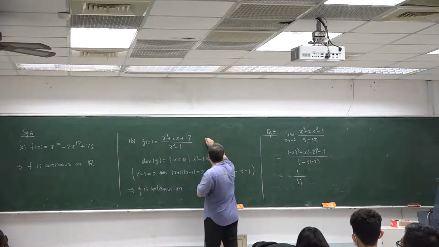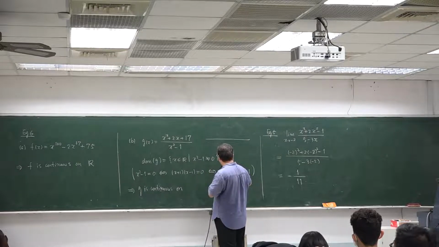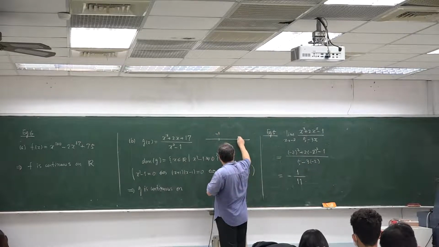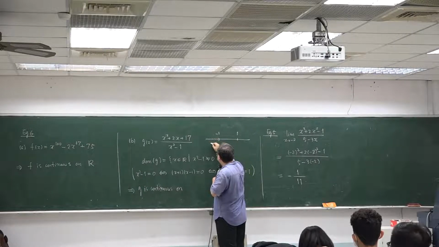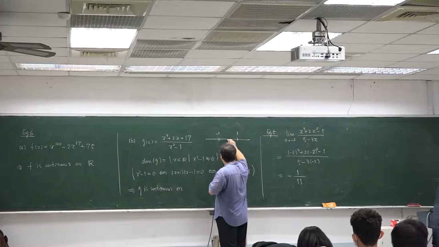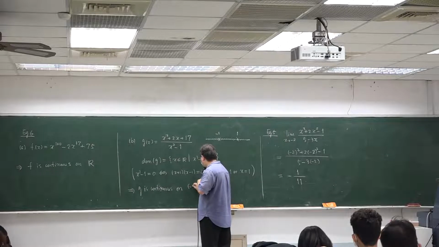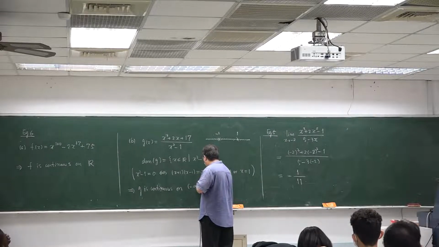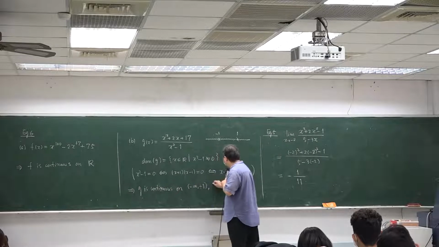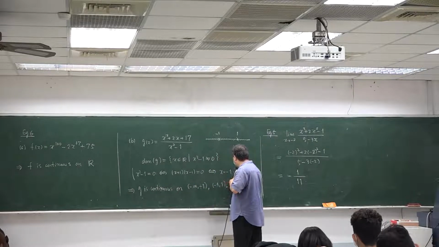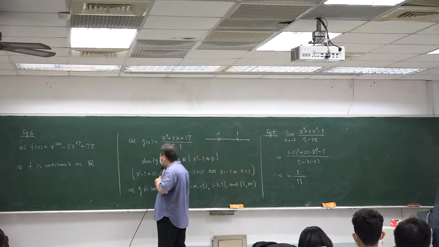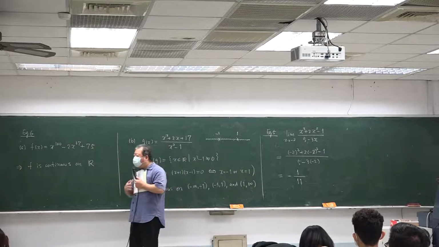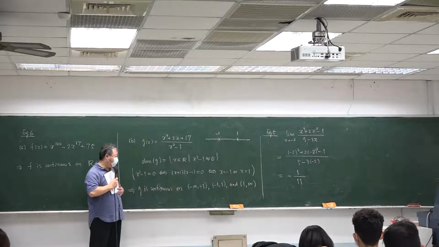For the real number line with -1 and 1 deleted, we have 3 open intervals. Of course, continuous on these are maximal intervals.